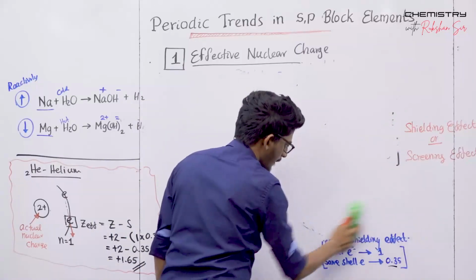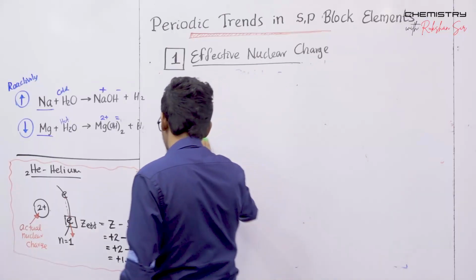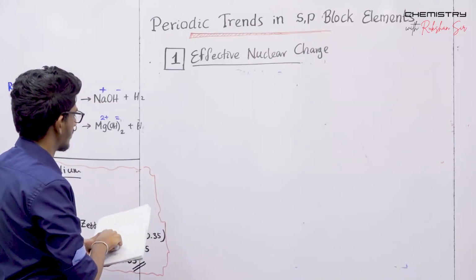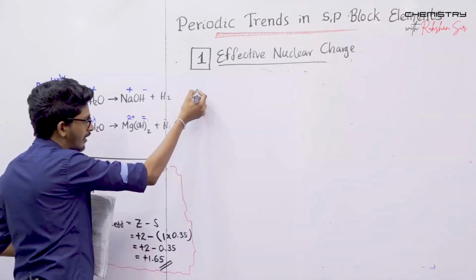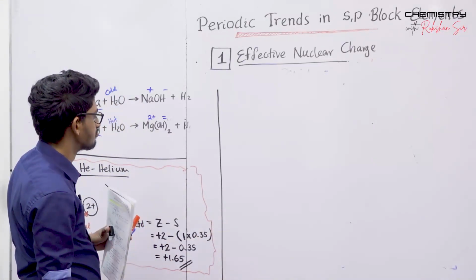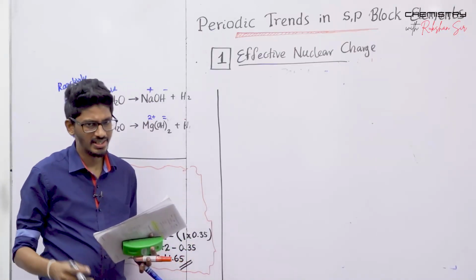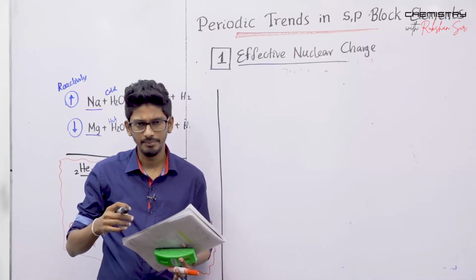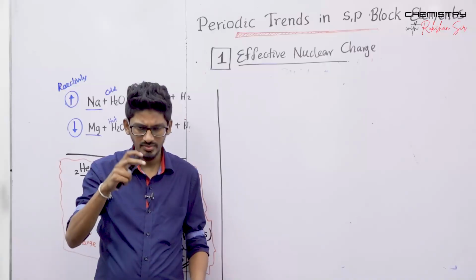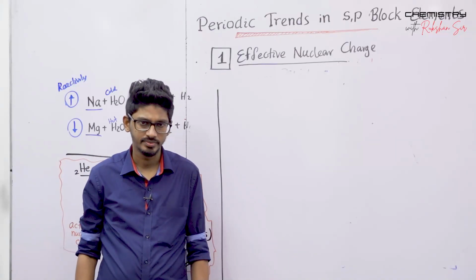Okay. So first, you can come up with a clean A4 sheet, or else you can use the back side of your tute, the last blank pages. You may have some free pages at the end of your tute.